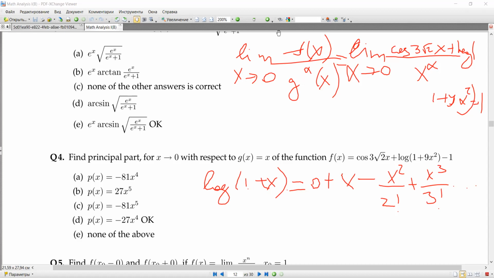Cosine x equals 1 minus x squared over 2, so x squared over 2, yes?